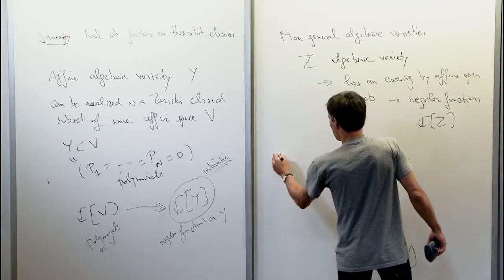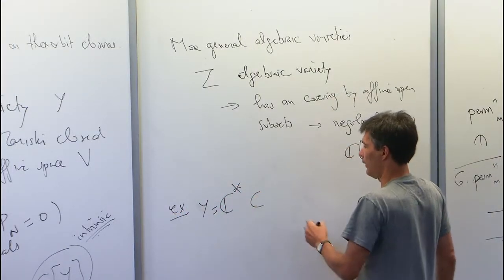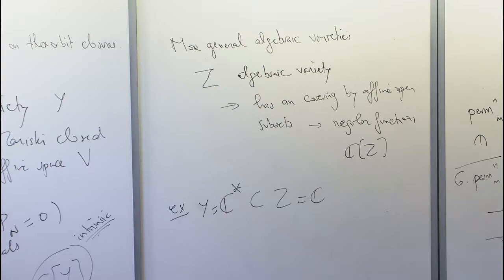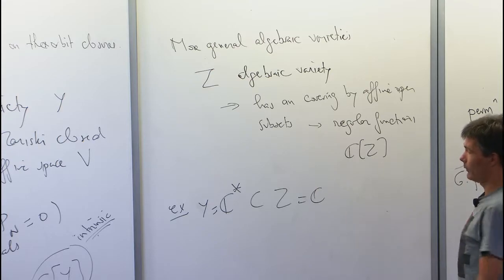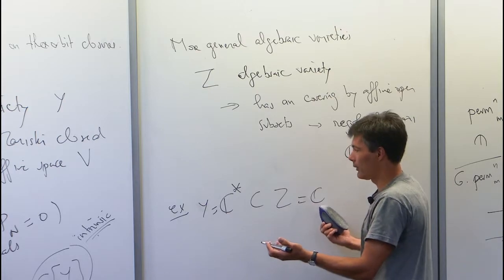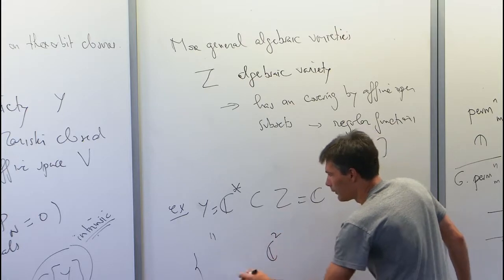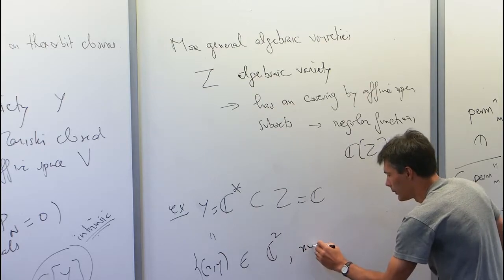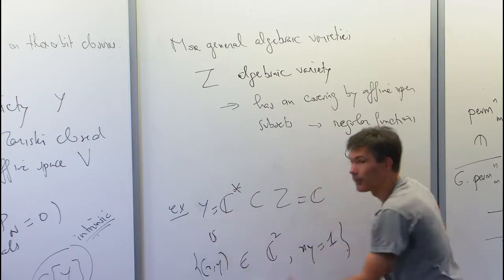A typical example is Y equals C star inside C. You take the affine line and just forget one point. So this is not defined by polynomial equations, of course. It doesn't look affine, but it is an affine variety because you can look at it inside C2 as being defined by the equation xy equals 1. This is clearly isomorphic to it.